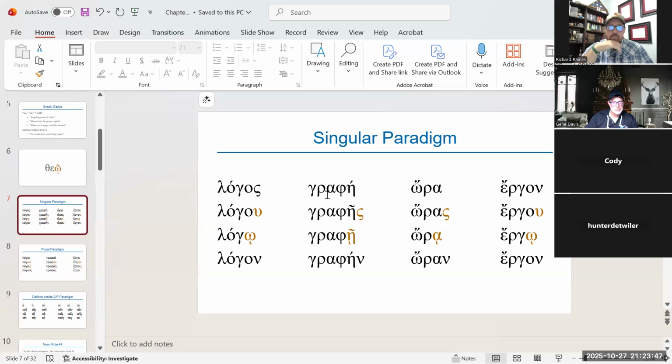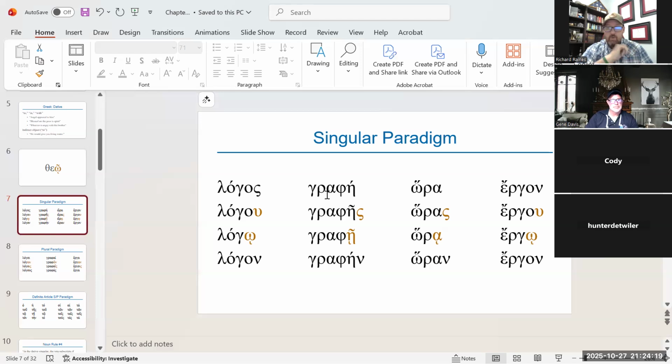Give me the case. Nominative. All right. Give me the number. Singular. What does it mean? Writing. And what is the lexical form? Graphe. Okay. Remember, the lexical form is going to be the nominative.